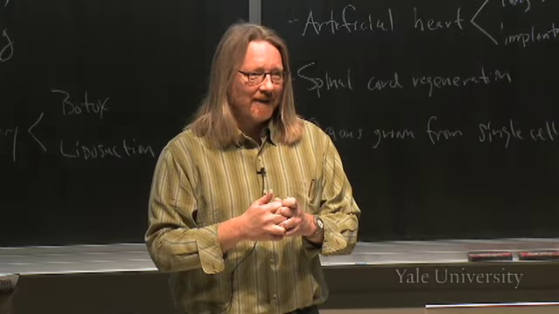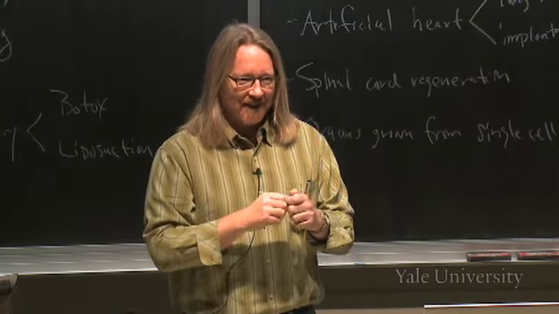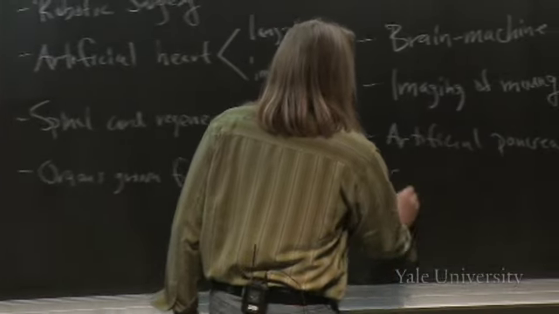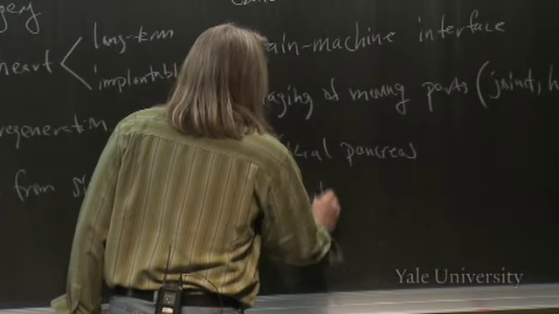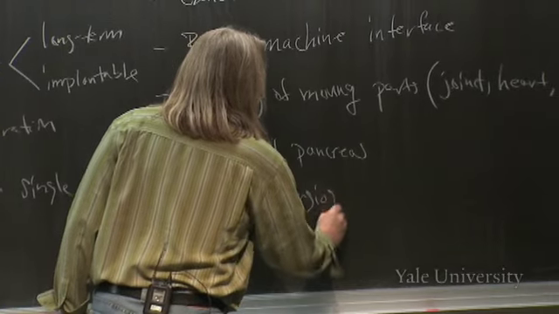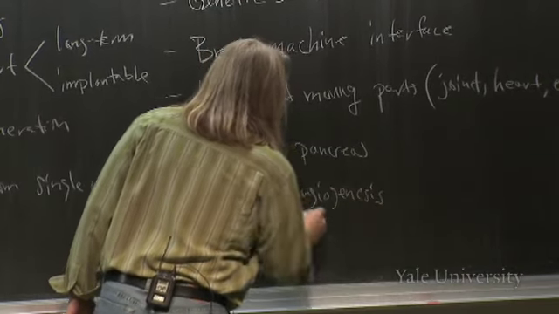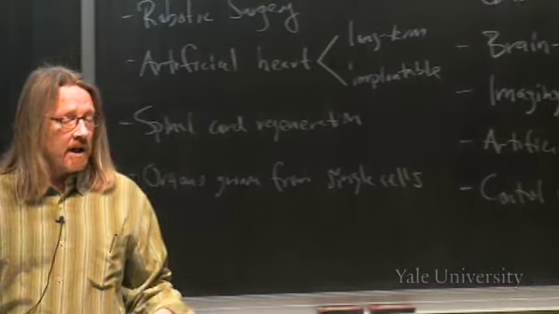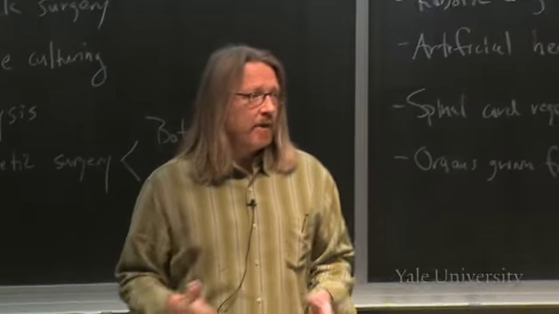One more. Yeah. Control of angiogenesis to prevent cancer metastases. Control of angiogenesis. And angiogenesis, angio means blood, and genesis means new. So angiogenesis is the development of new blood vessels.